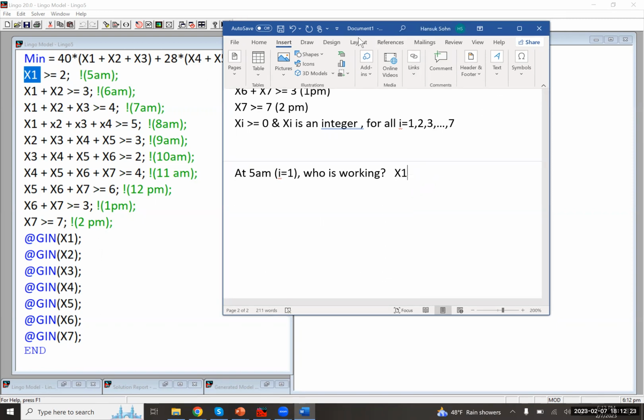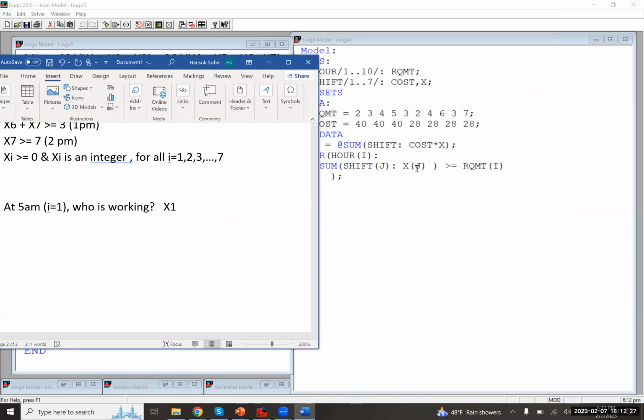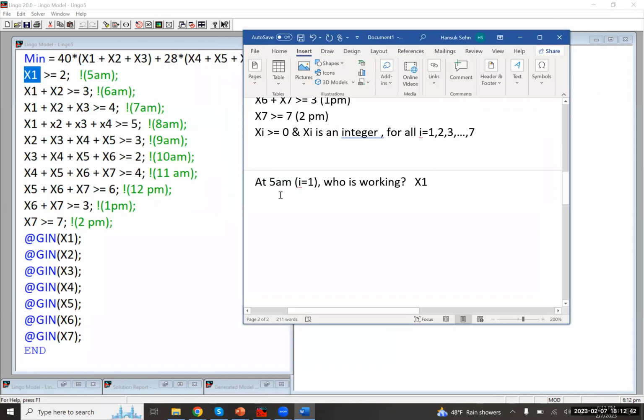So here we take the subscript value J has to be equal to 1 if I equals 1. Okay, is it correct? So we take J equals 1 from the subscript.